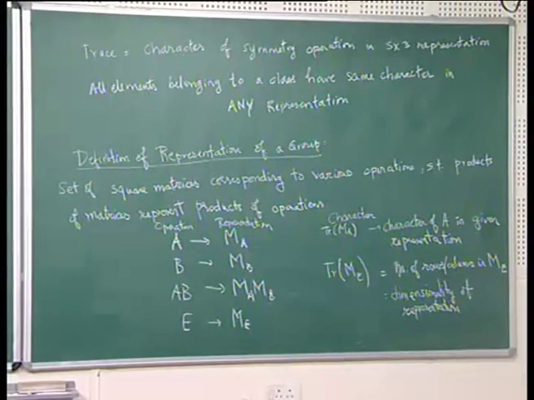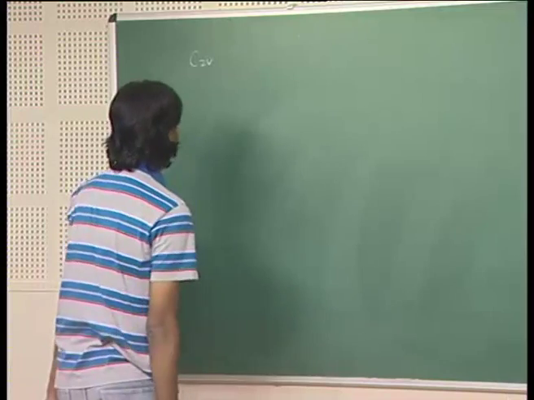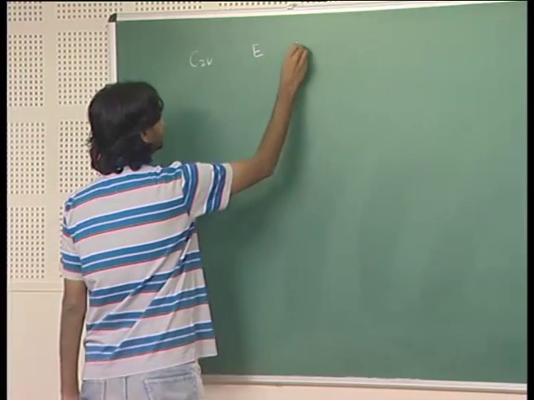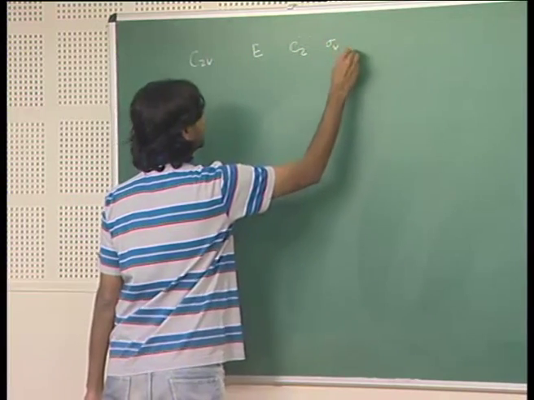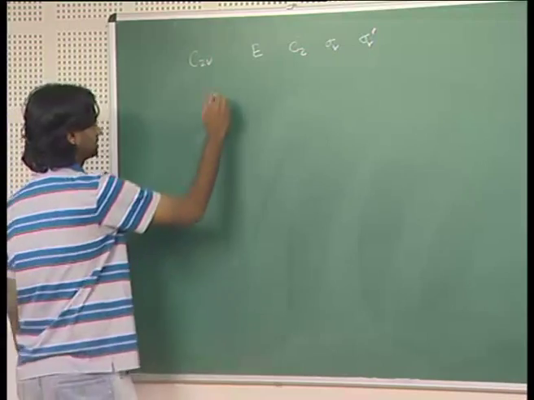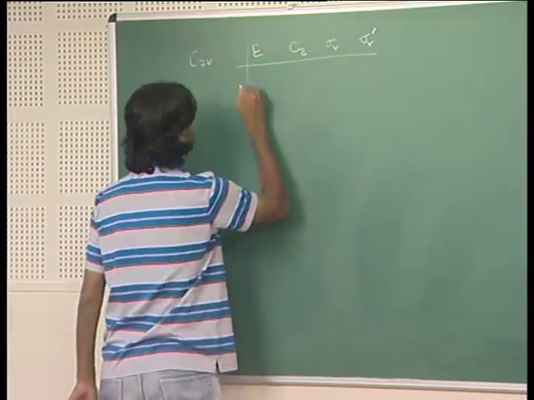Okay. So, let us take a very simple example. Let us take C2V. C2V consists of 4 operations. It consists of E, C2, sigma V and sigma V prime. Okay. So, then we can do the group multiplication table.